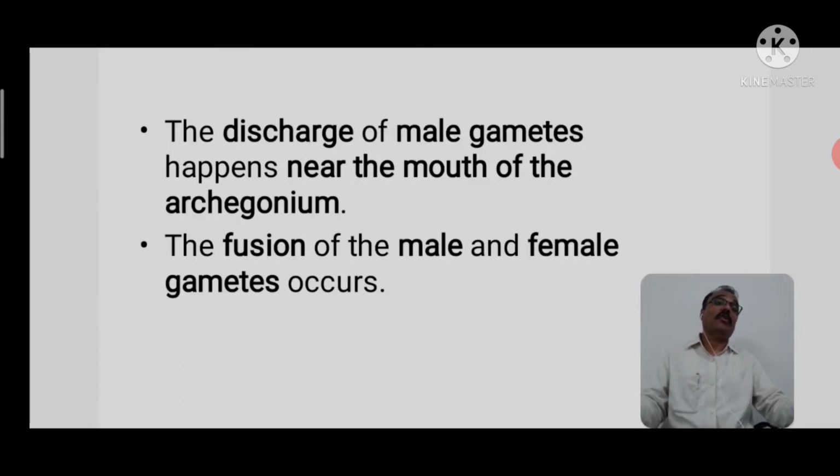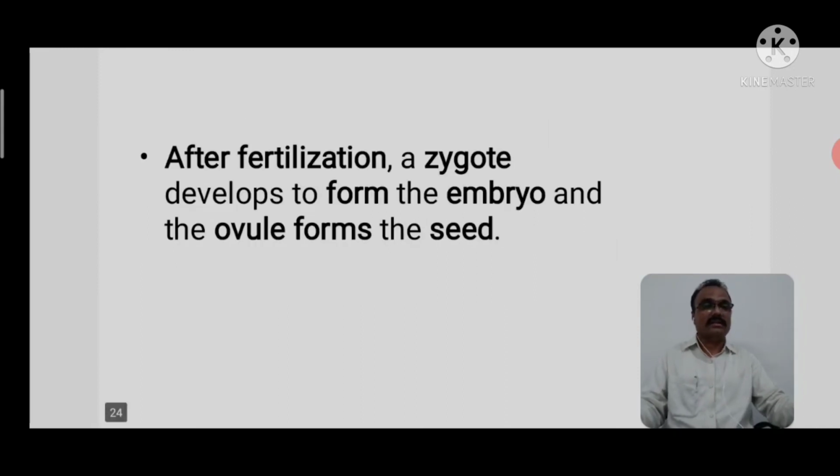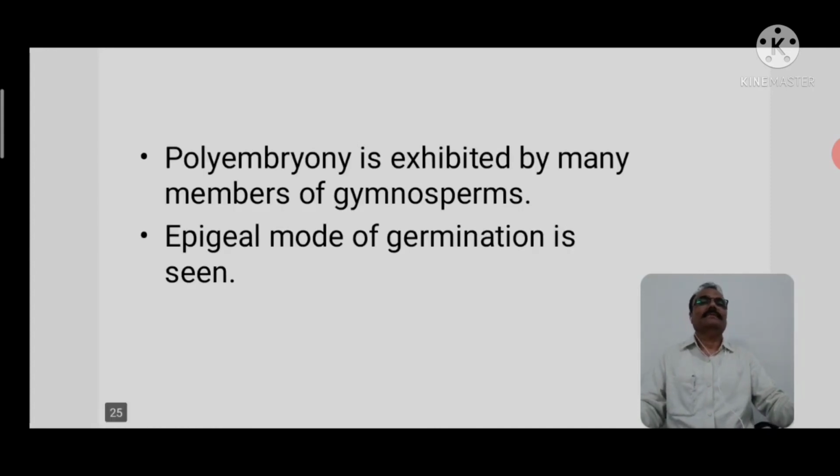The discharge of male gametes happens near the mouth of the archegonium. The fusion of the male and female gametes occurs. After fertilization, the zygote develops to form the embryo and the ovules form the seed.